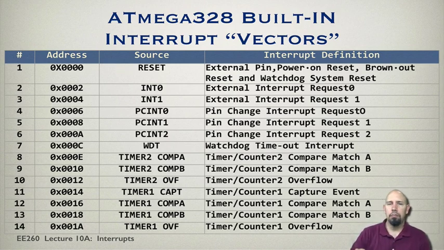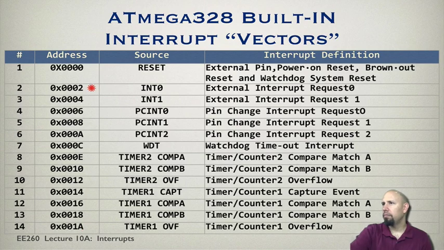Whenever this reset is pushed, it instantly goes to this address. Located at that address is a jump command where it jumps to begin the boot loading. After that, we have other interrupts at the various addresses. Notice that each of the addresses are 2 apart.